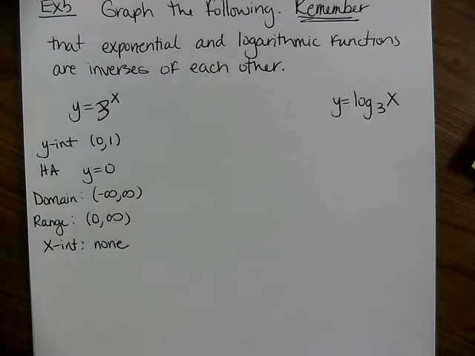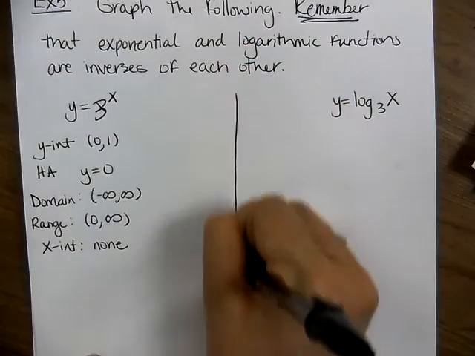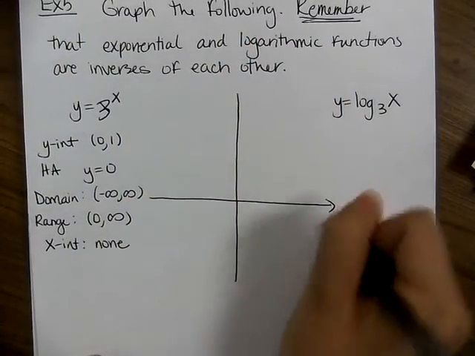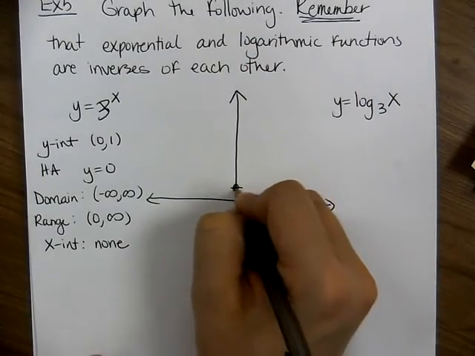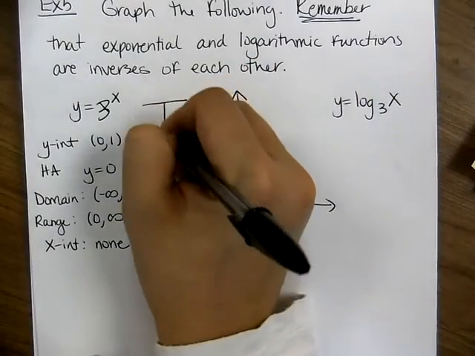And this is true of just those parent functions, right? Like if we put some translations in here, things are going to change. But if it's just the basic function, these properties hold true. So when we go to think about the graph, let's just make a little quick table here.